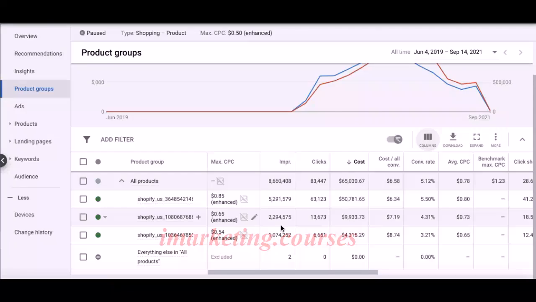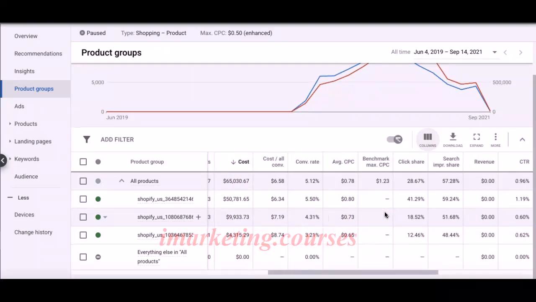Now, if you're just getting like 30 impressions a day or something like that, then obviously, that's most likely a bid issue. You could also wait and see until the data shows up here, because it takes time for the data to show up on Google.